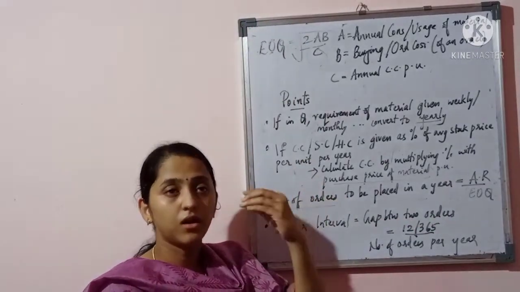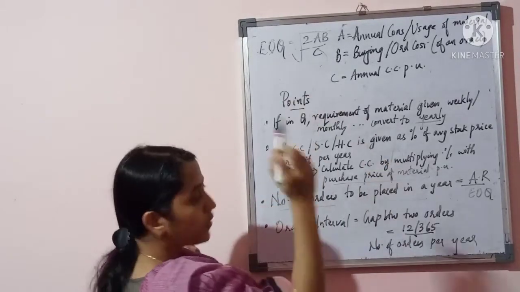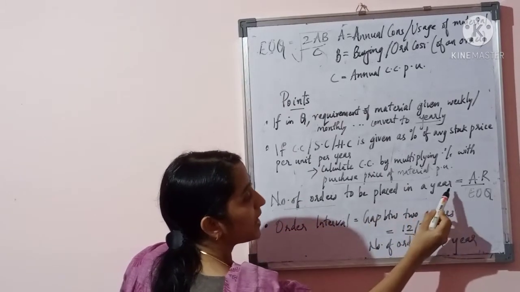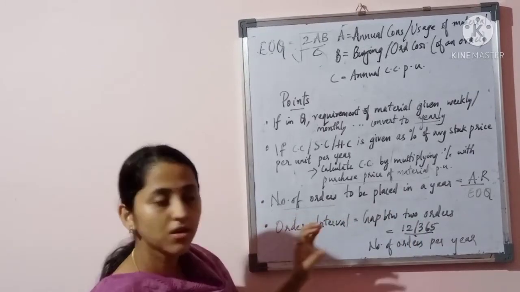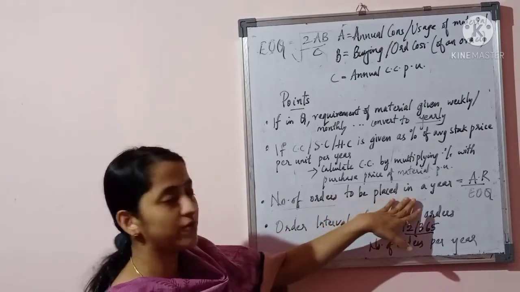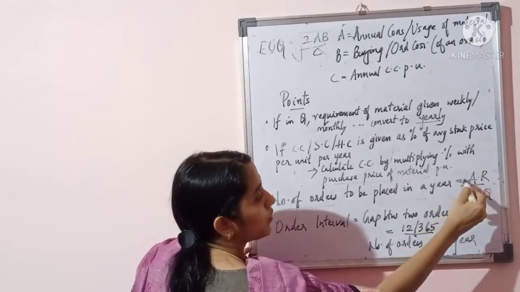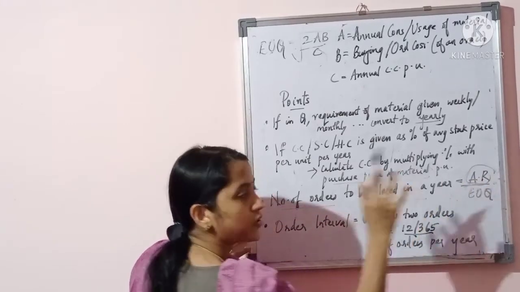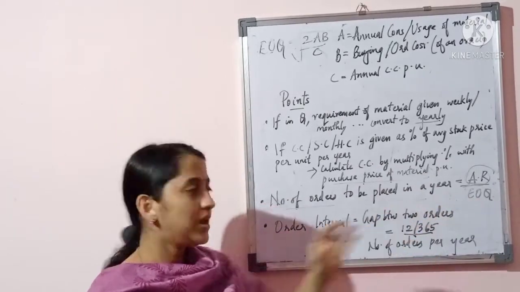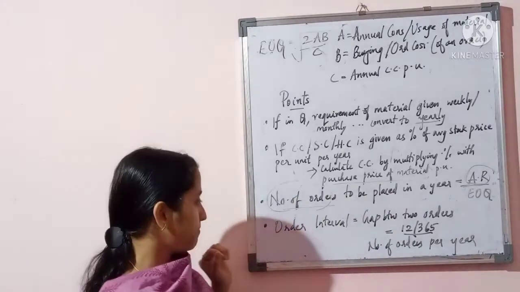Once we get that, if you are asked the number of orders to be placed in a year, that means how many times we have to place this EOQ order in a year, then we do annual requirement divided by EOQ. That means our yearly requirement divided by EOQ gives how many times we have to make the order.